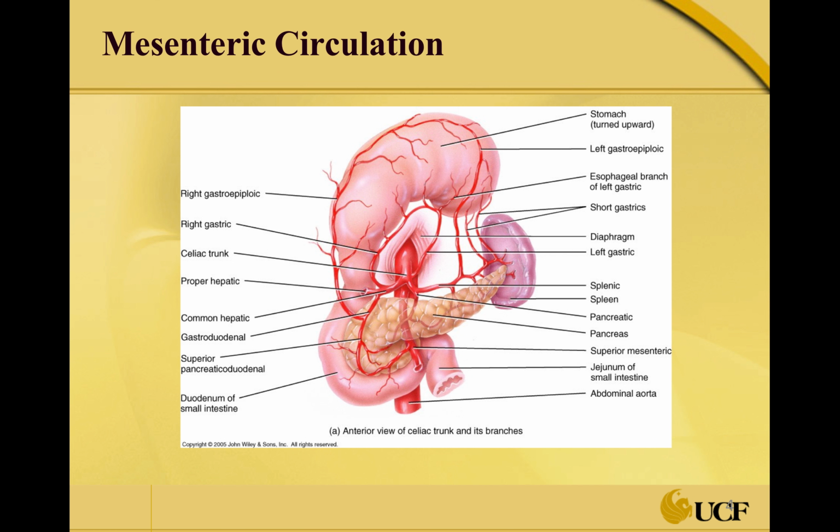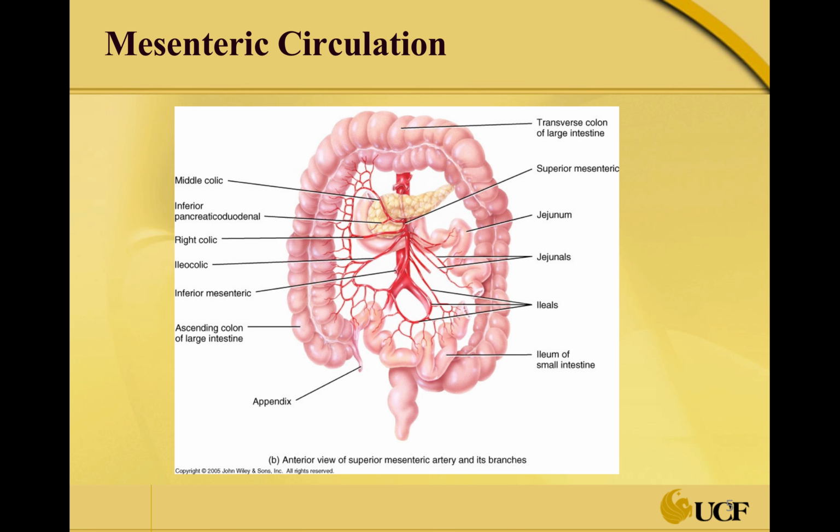The duodenum of the small intestine is also irrigated by the superior mesenteric. We also see how the esophageal branch of the left gastric and the short gastrics contribute to irrigation of vital organs, and the left gastroepiploic artery.